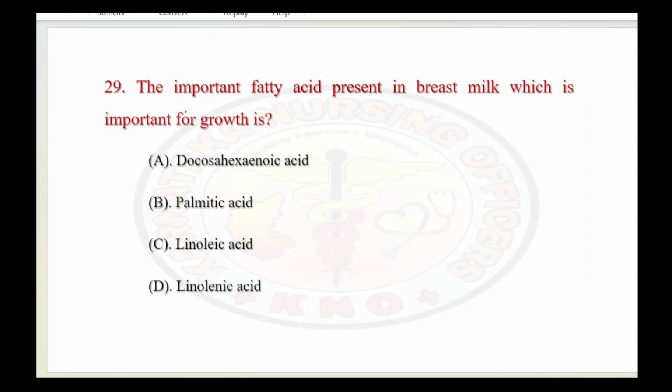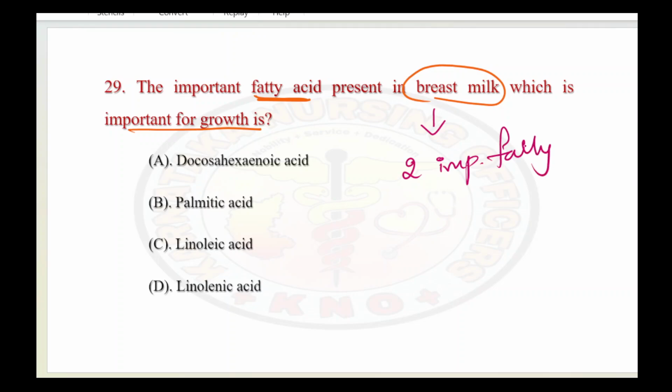So the next question here, the important fatty acid which is present in breast milk, which is important for the growth of the child. Mainly in breast milk, you're going to see two important fatty acids. One is DHA and second is EPA.